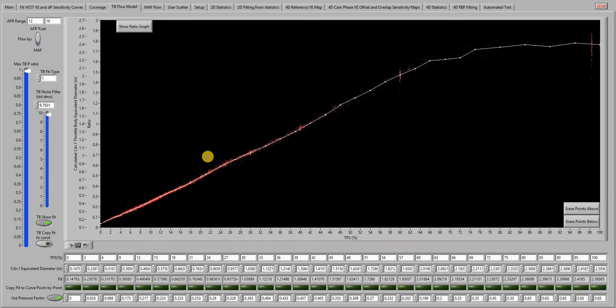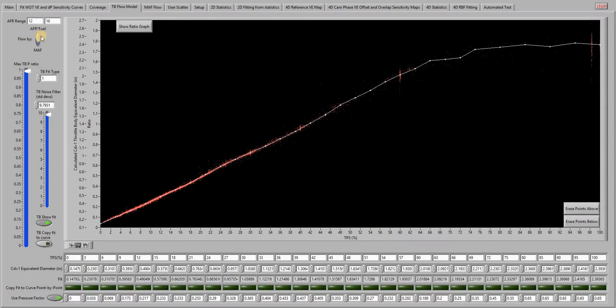Okay, so I should have said at the beginning, this is using the airflow as estimated by the AFR times the fuel to back calculate the throttle body equivalent diameter. You can also shift over and use the mass flow sensor as a reference. If you want to do that, you can see the effect of shifting back and forth. Because the mass flow sensor is calibrated well, you barely see it move, which is a good thing.